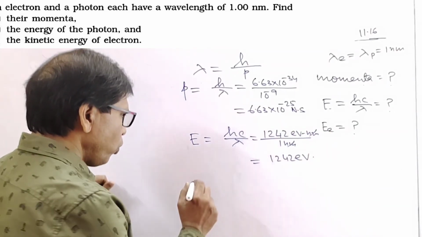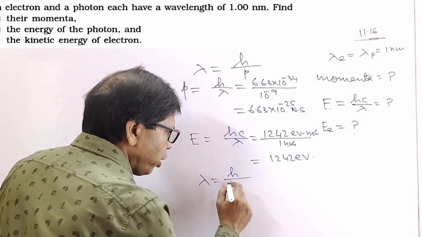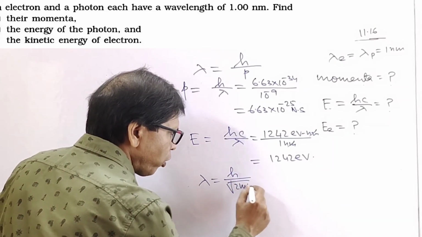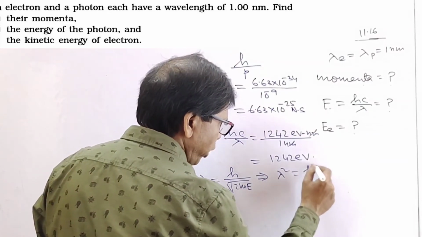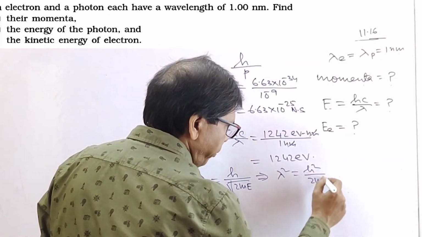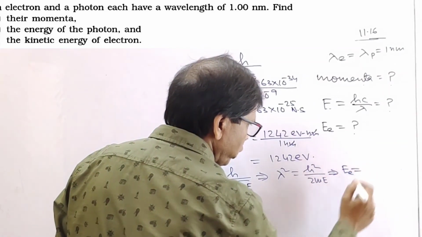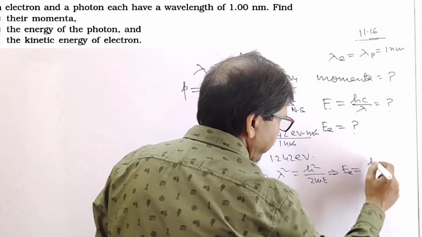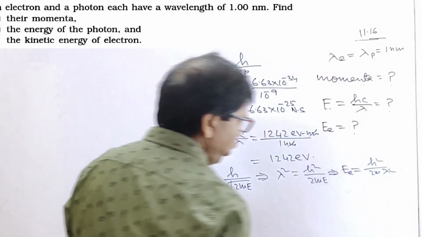electron. We know the lambda of electron is h by root under 2mE. So lambda square is equal to h square divided by 2mE, therefore the kinetic energy of electron E is equal to h square divided by 2m lambda square.